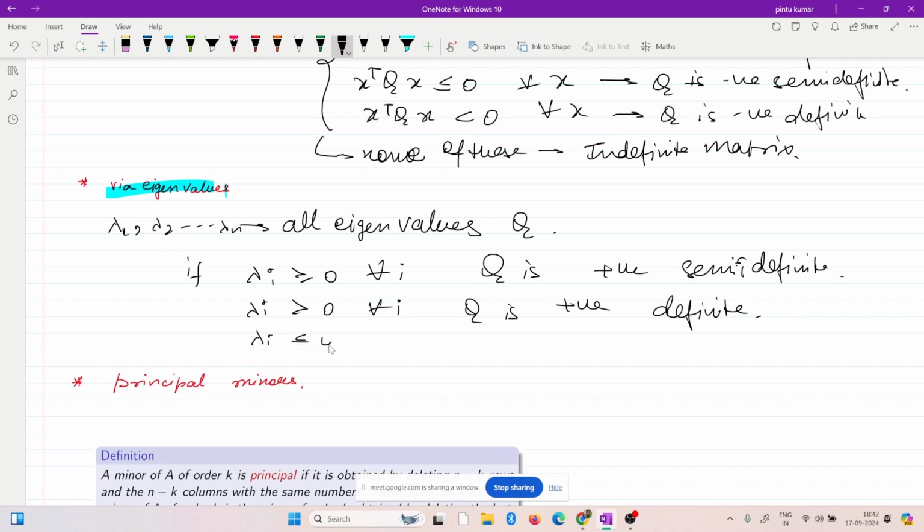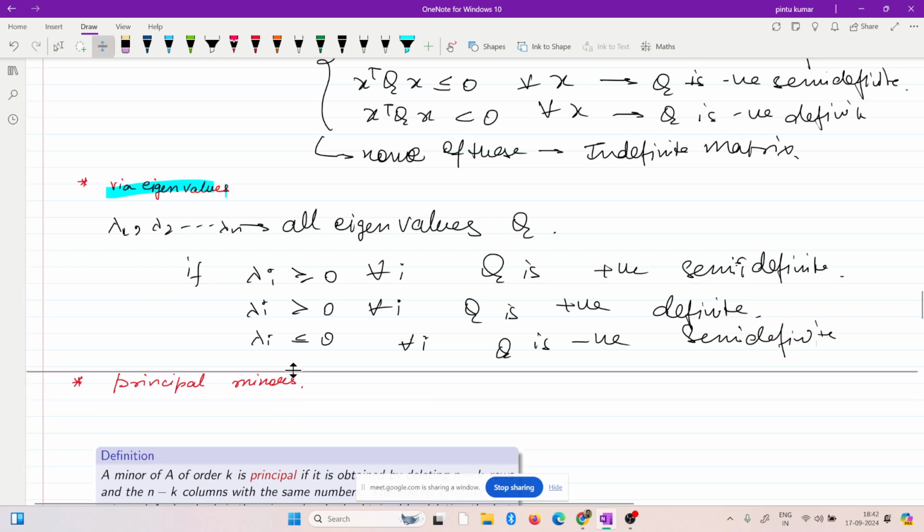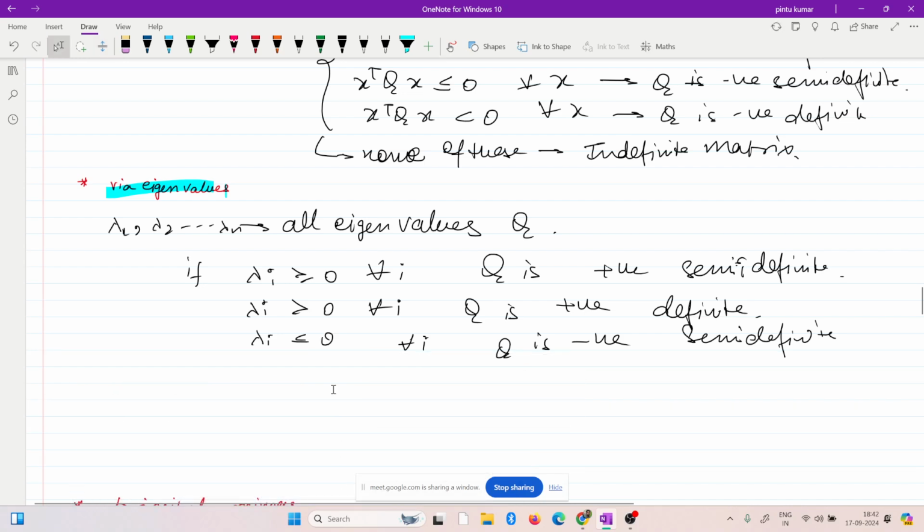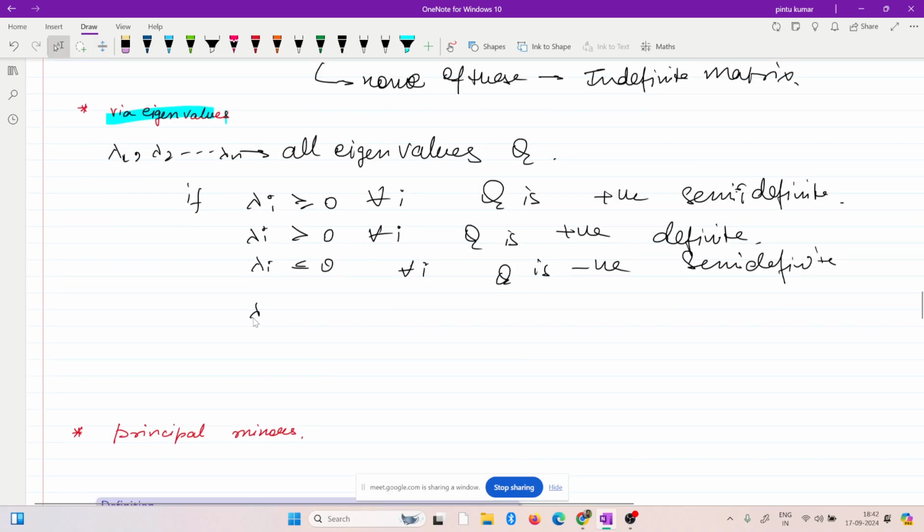And now you have got the pattern. If all lambda i are less than or equal to 0, then Q is negative semi-definite. And if lambda i is strictly less than 0 for all i's, then Q is negative definite.